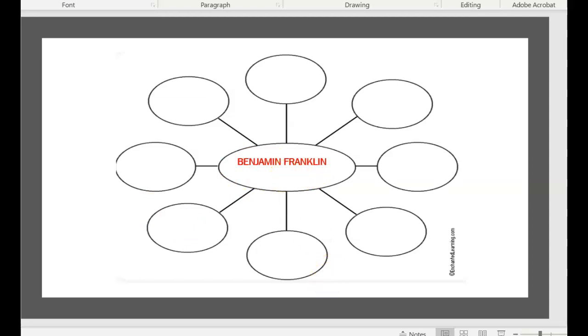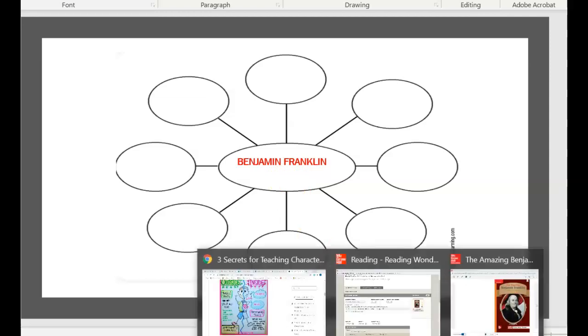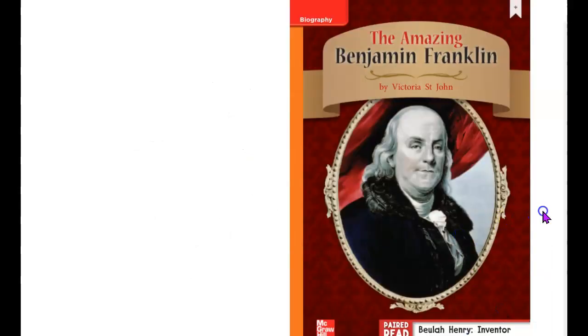Okay, so I'm going to read the first couple pages of the story to you. And then afterwards, you are going to finish reading it independently at home. So we are going to read The Amazing Benjamin Franklin by Victoria St. John. And this text is a biography. A biography, boys and girls, is a story written about a person, but the story is not written by that person.